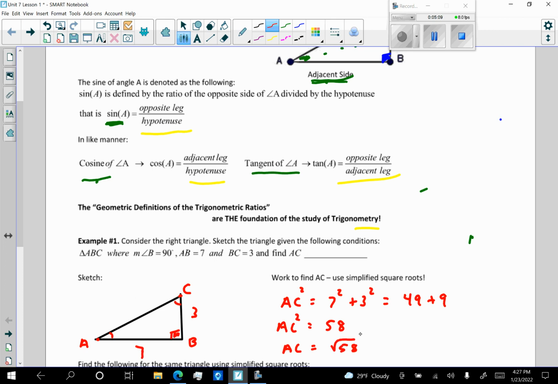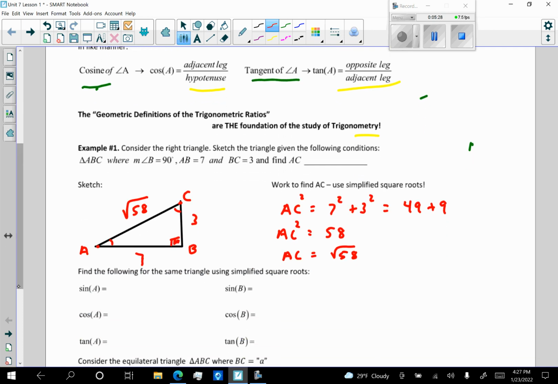As we noted earlier when reviewing the Pythagorean theorem, we don't have to worry about the positive and negative square root of AC because we are talking about triangles. So the length of AC is going to be the positive square root of 58.